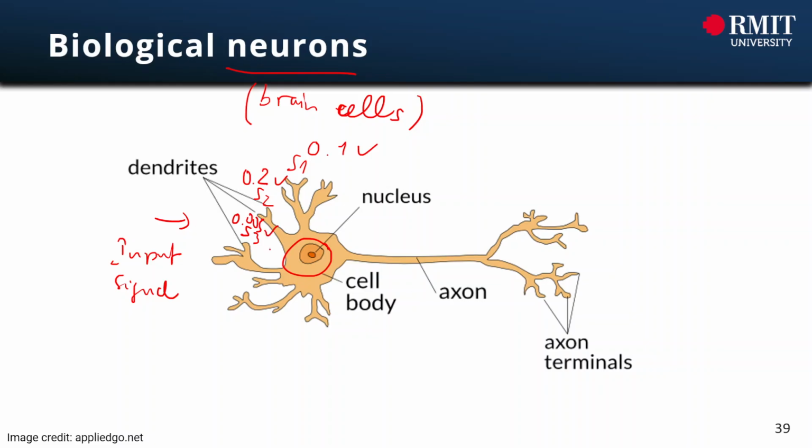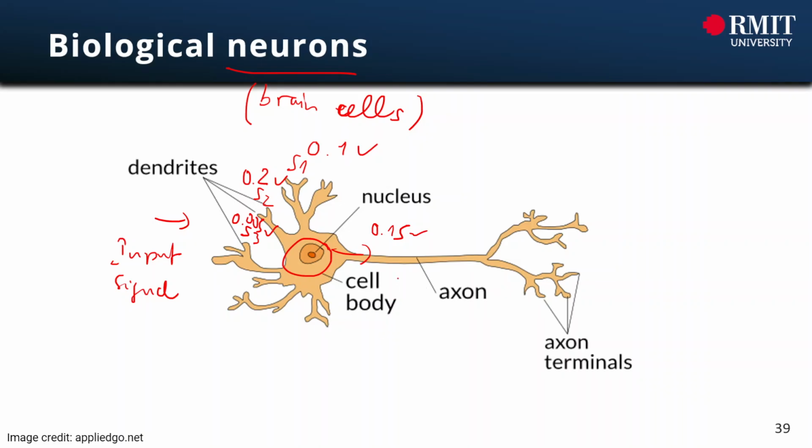When this electrical signal goes into the cell, the cell body combines the signals and produces another signal, let's say 0.15 volt. So that's the functionality of the cell body.